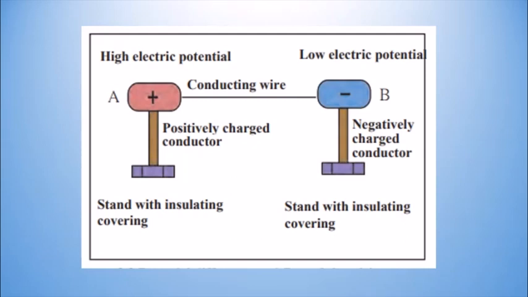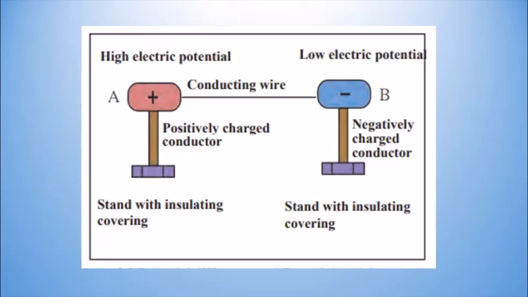Now how does the current flow? The current flows because of the electrons. We all know that a positive charge flows from a point of higher potential to a point of lower potential. But in electricity, due to the conduction of negative electrons, all the electrons are negative. So electrons always flow from a point of lower potential to a point of higher potential.